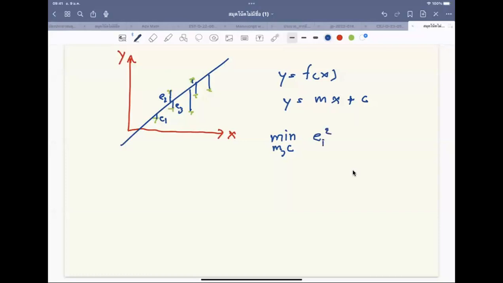Square. But remember that we have E1 to EN endpoint, right? So we have to summarize it. Summarize all square error, okay? Or you can minimize the sum of absolute error.